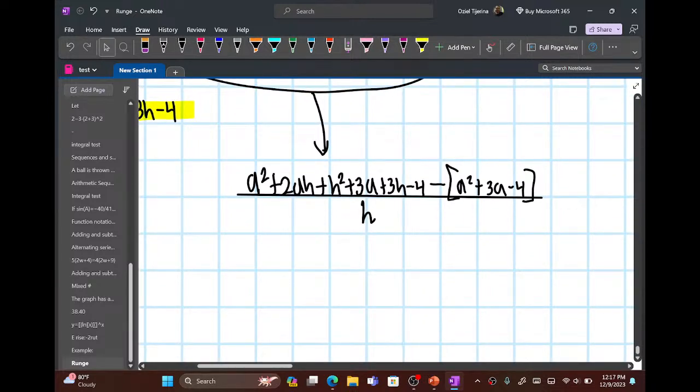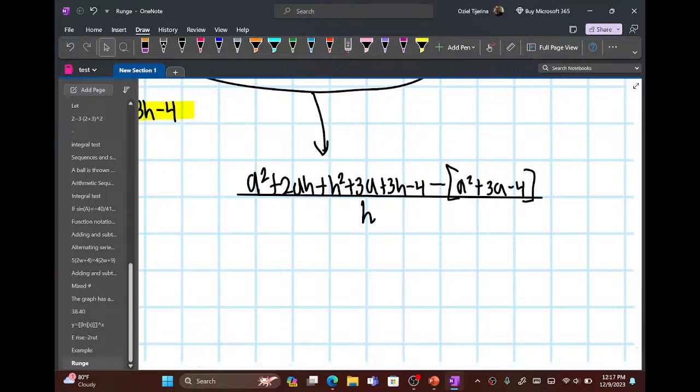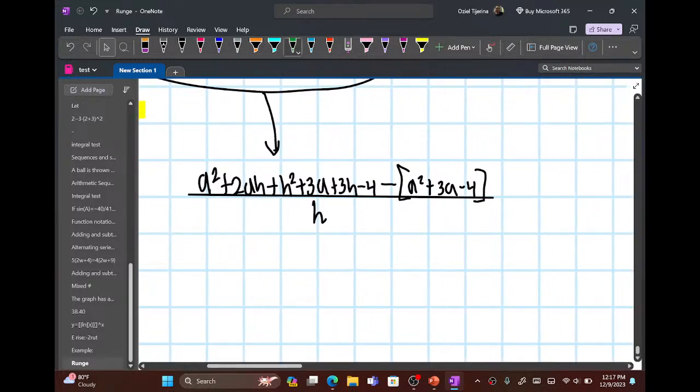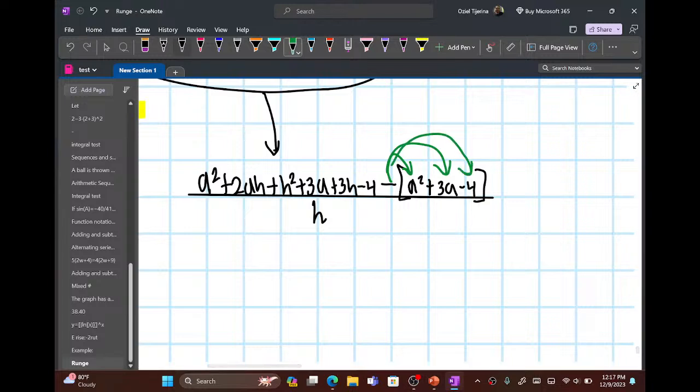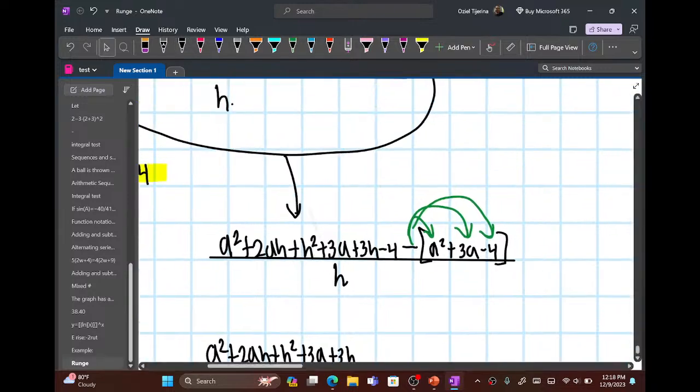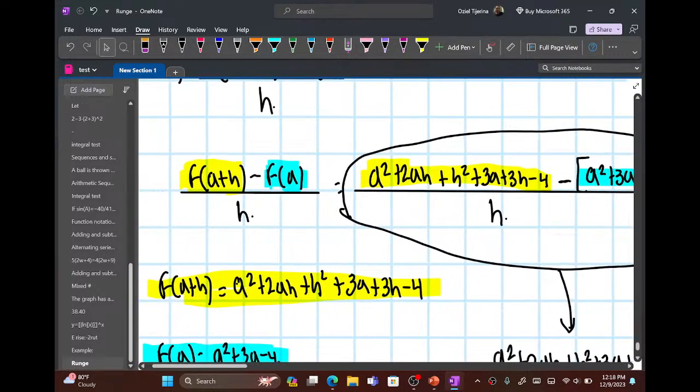So here's where it gets interesting. We're going to distribute this negative. So we're going to have a squared plus 2ah plus h squared plus 3a plus 3h minus 4.